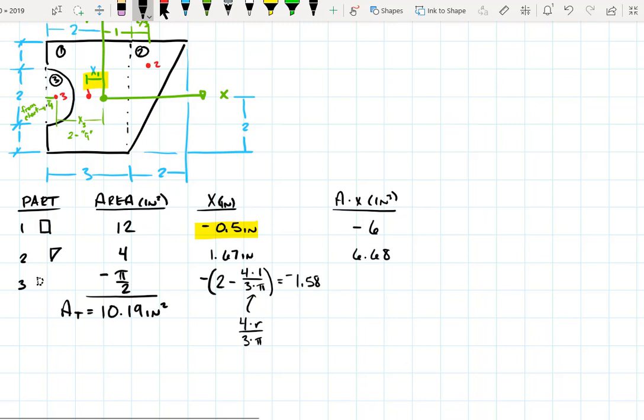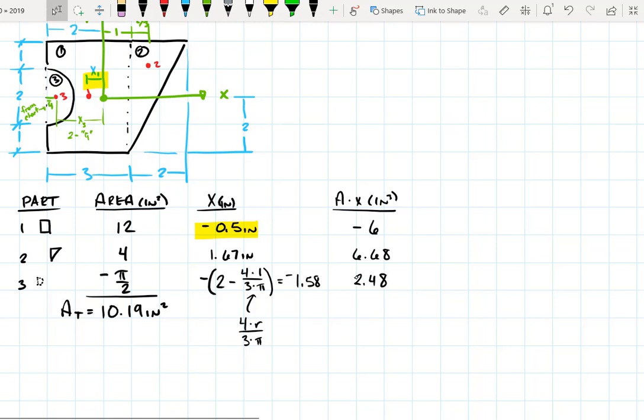And then this one has a negative area and a negative x coordinate, so that is going to be a positive term here. So pi over 2 times, they're practically the same number, 1.58, 2.48, and it is positive.